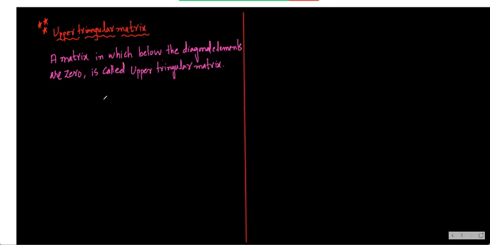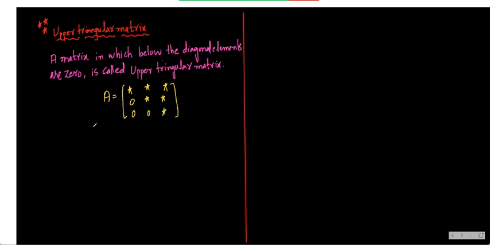Now the example is very important. Suppose this is matrix A. The elements which are below the diagonal, like in this example, some entries are there. Star will be a positive number or a negative number. 0, star, 0, 0, star.